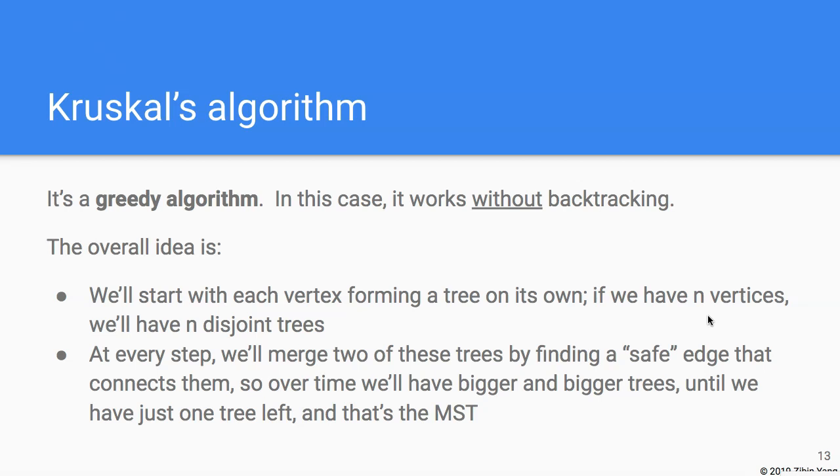Then over time, we'll merge two of these trees by finding a safe edge that connects them, and we'll see what a safe edge is. At every step of the way, we'll do this. Over time, we'll have bigger and bigger trees until finally we have just one tree left, and that would be our minimum spanning tree.